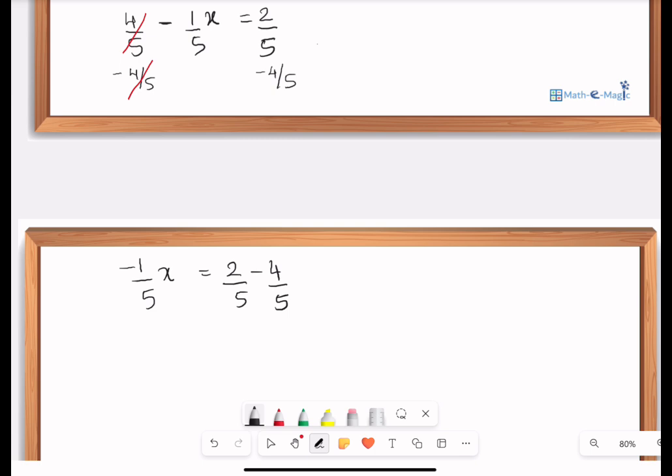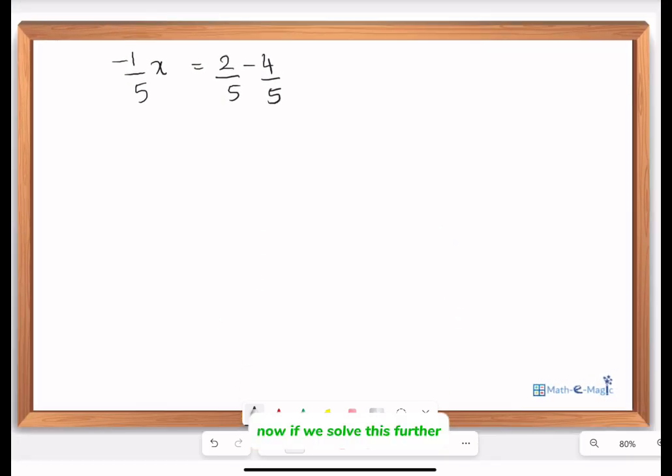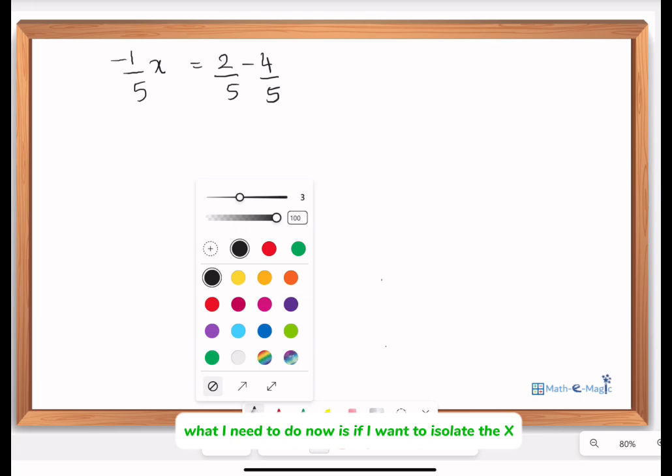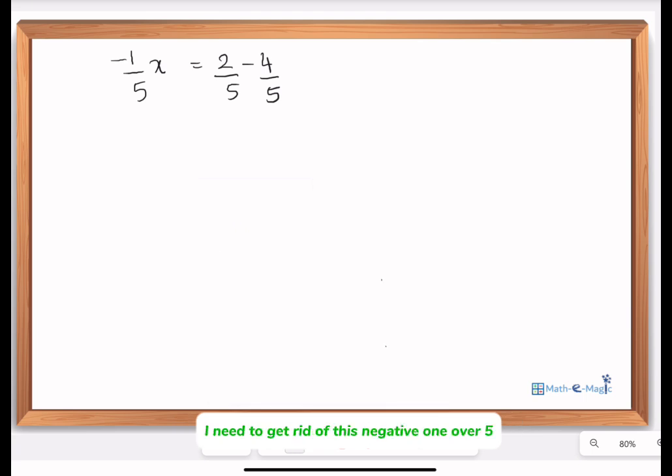Now if we solve this further, if I want to isolate x, I need to get rid of this negative 1 over 5. But before that, let us quickly solve the right hand side. So this will be negative 1 over 5 x, and this will be equal to 2 minus 4 over 5.